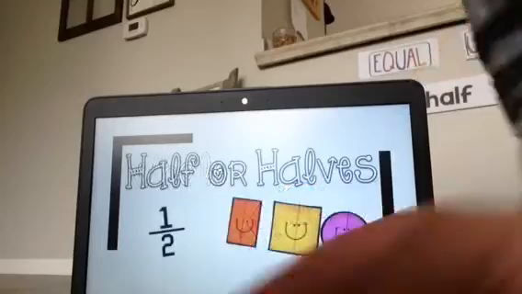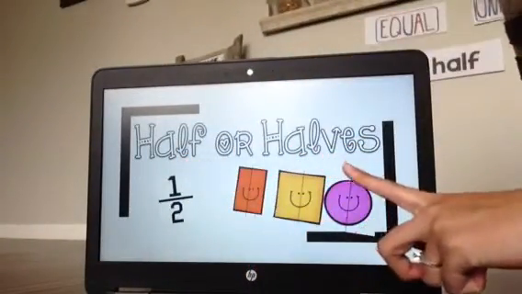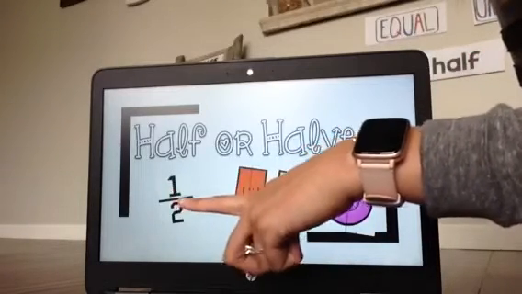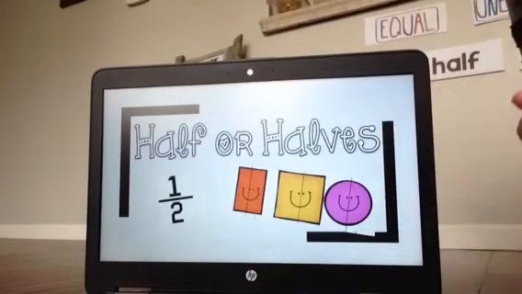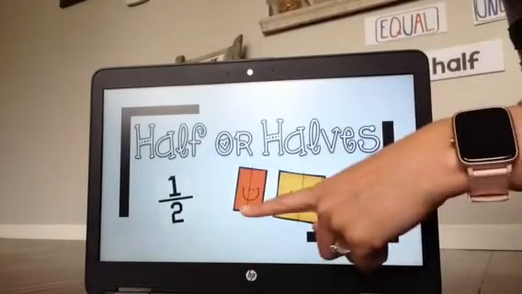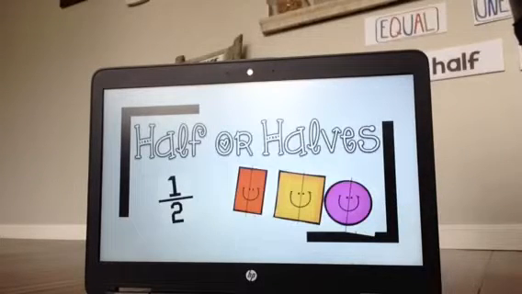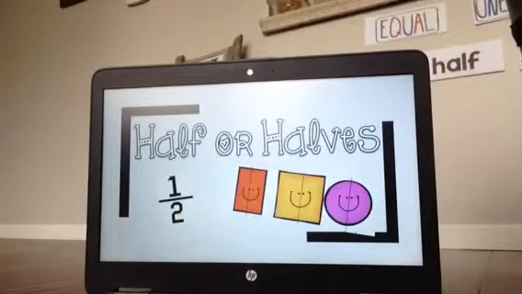Let's talk about our second vocabulary word, which is half or halves. If I write it in a fraction symbol, it looks like 1/2. You don't necessarily need to know that, but that's kind of bonus information. Here I've taken 3 different shapes and I've cut them into half or into halves. That means that there are 2 total parts.